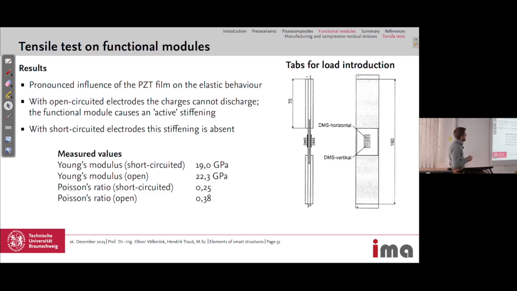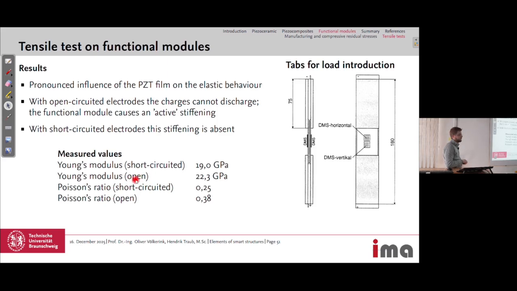And the results were that there is an influence of the film on the elastic behavior with open circuit electrodes. The charges cannot discharge, so they cannot flow. And this causes an active stiffening of the module. So if we don't connect the electrodes to each other, the Young's modulus is higher.